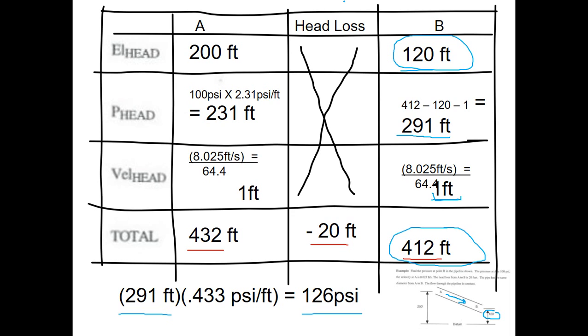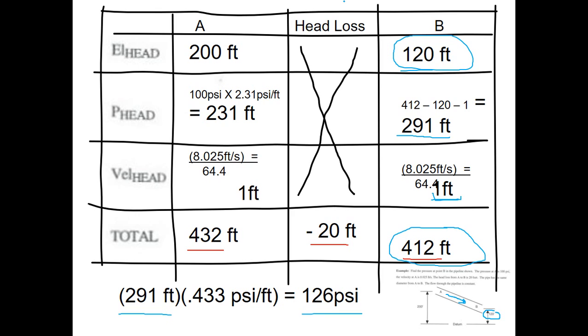Now I think of this a little bit like accounting in a way. I've got different bank accounts here for elevation, pressure, and velocity. I can just move money between the accounts, but I can also track the total amount that I've got. So at A, I've got 200, 231, and 1. The total is 432. Then let's say I spend 20 feet, so to speak, $20, 20 feet, whatever.